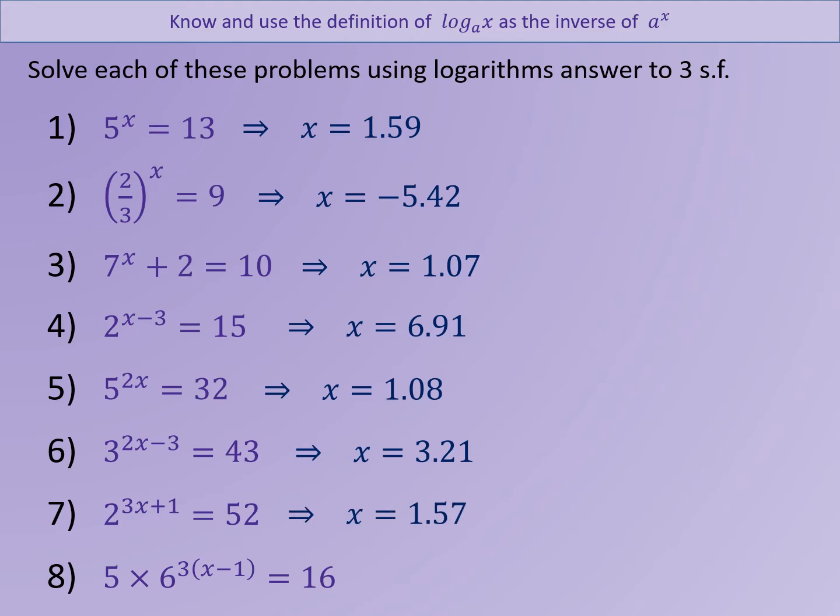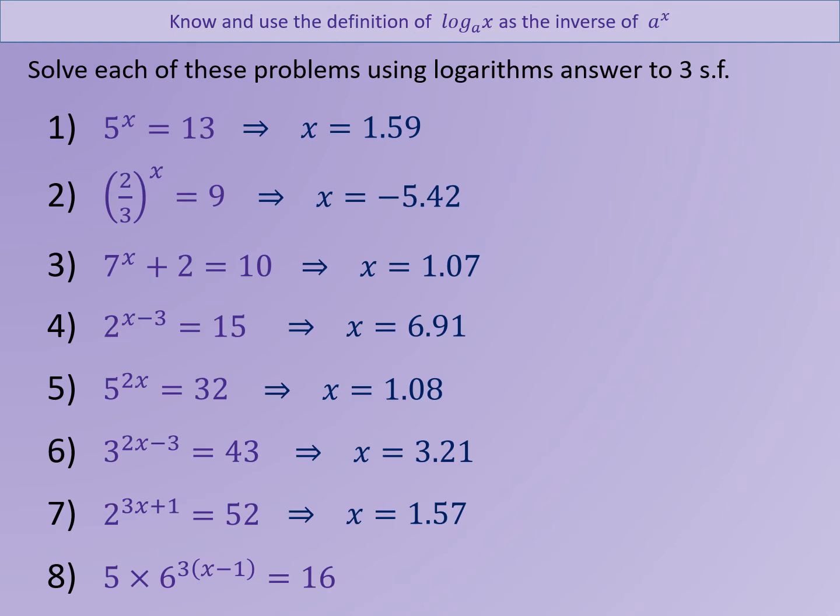And then finally, number 8, it's a bit like number 3, get rid of the 5 first, because on number 8, the left-hand side does not equal 30 to the power of 3x minus 1. So the first thing you would do for number 8 is divide by 5, and then you would write log to base 6 of 16 over 5 equals 3 lots of x minus 1.